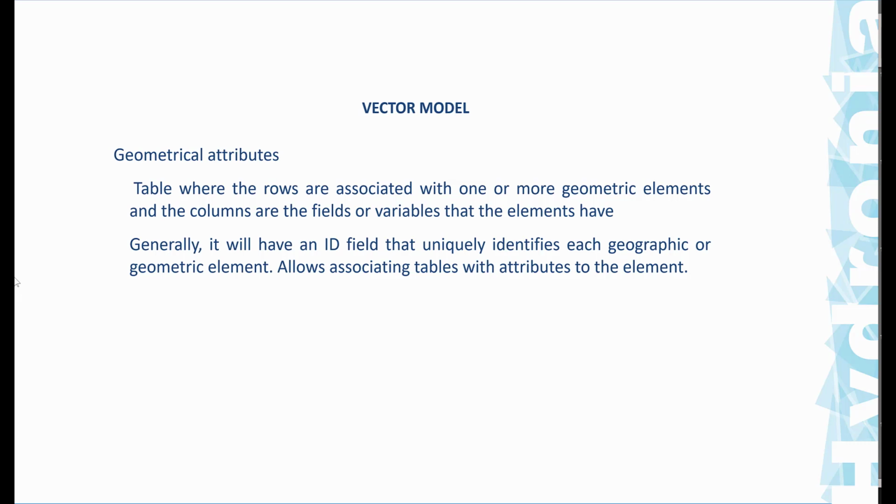So if you want, for instance, associate one point to one depth, that's a valid thing. But for instance, you can associate one spatial element to many records as well. So it depends on the applications you are dealing with.